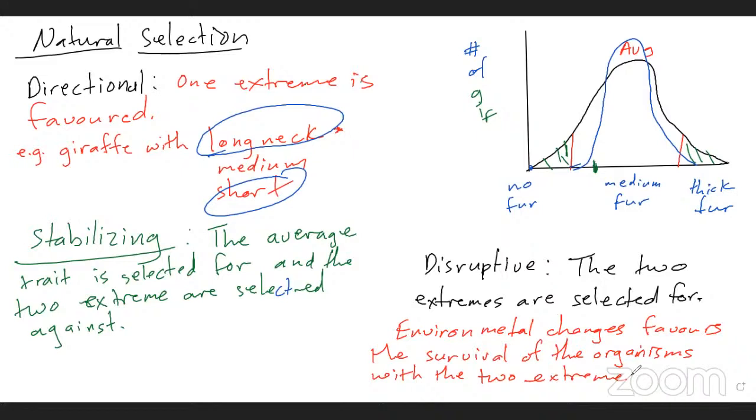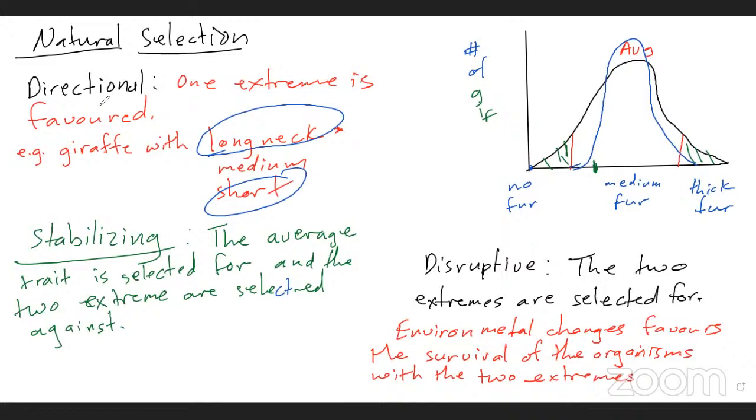So in this case, if we're discussing fur coat, it would favor the organism with thick fur and no fur, right? So when we say the two extremes are selected for, or just one extreme is selected for, what it means is that the current environmental settings are suitable for one extreme, the medium, or the two extremes.